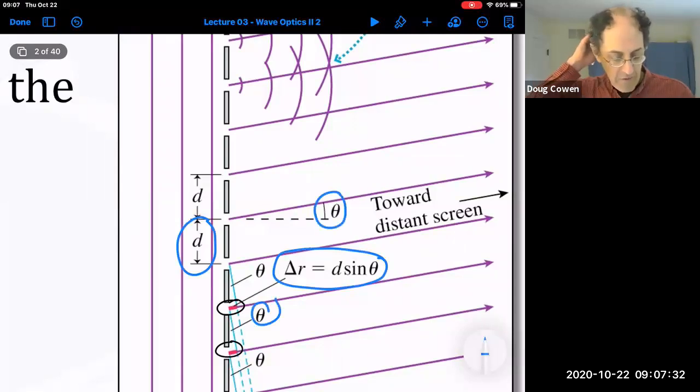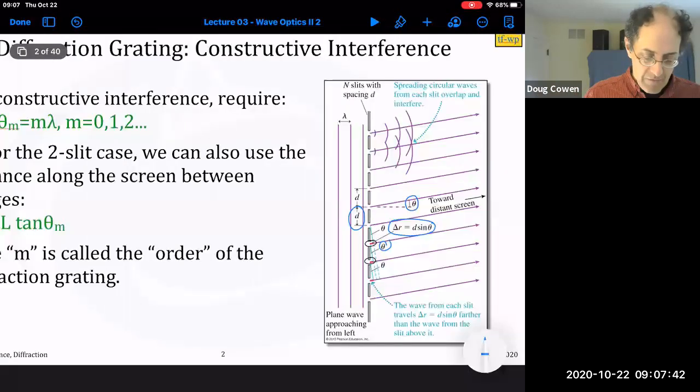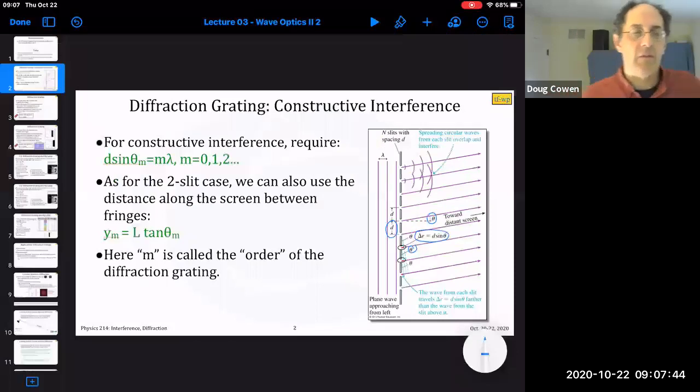When that value is equal to an integer number of wavelengths, then those two light rays will interfere constructively, and you'll get that happening for all of the light rays. They'll all be interfering constructively at that angle theta, and so you'll get a bright fringe.